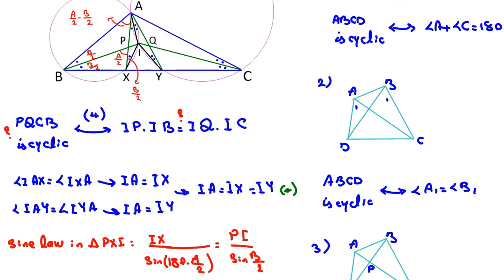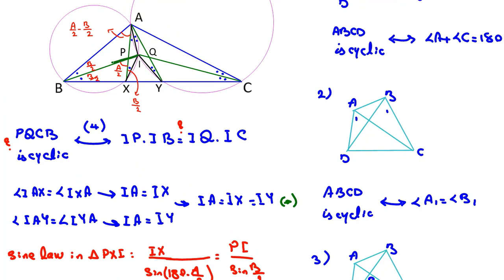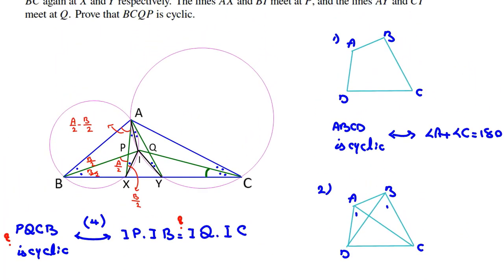Now, if you consider triangle BIC, we can say by the sine law IB over sine C over 2 equals IC over sine B over 2.